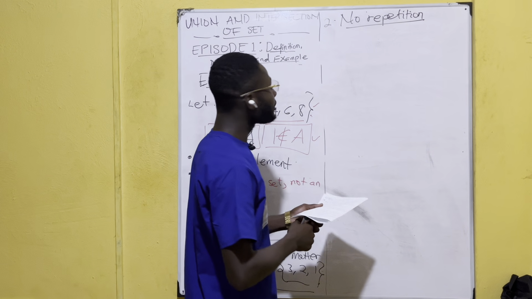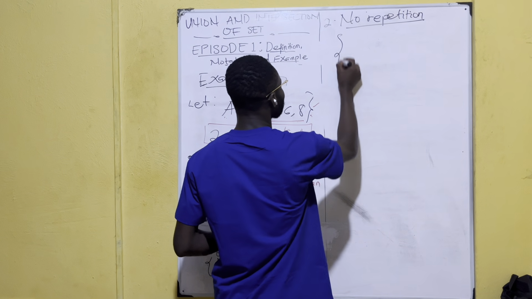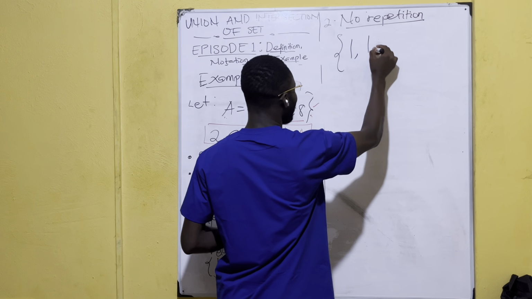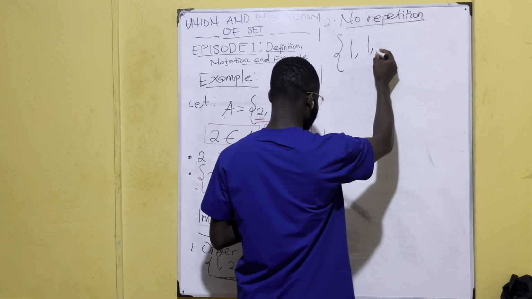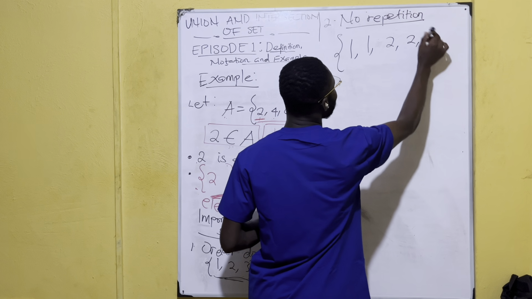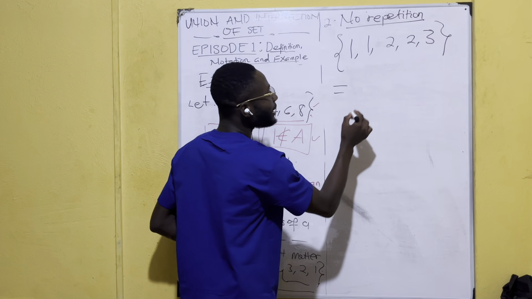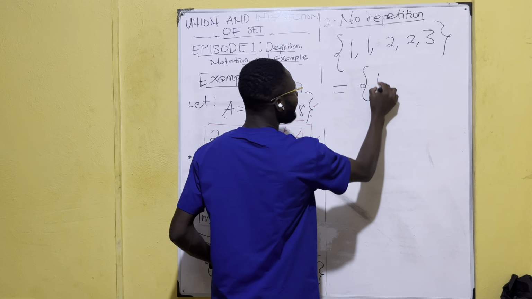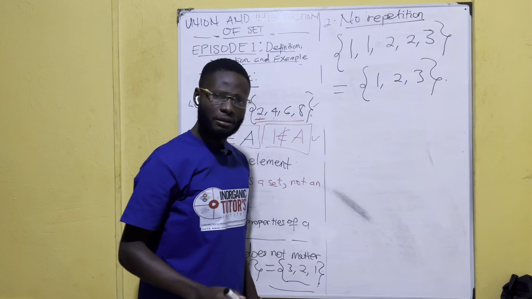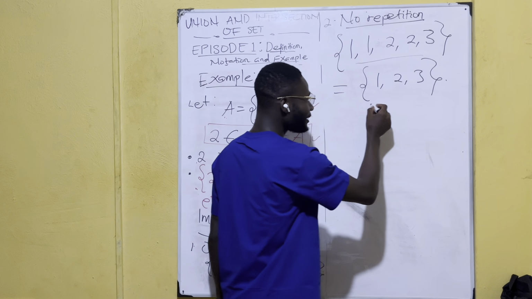So no repetition, take care of that. So for instance, you have 1, 1, 2, 2, 3. This is basically the same as someone writing 1, 2, 3. So if you write this, it is the same as this.